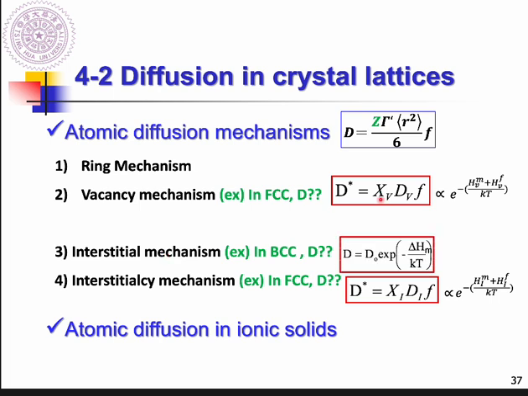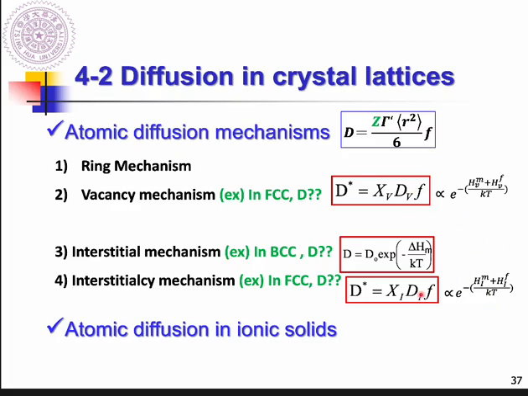Based on this, the energy term is only related to migration enthalpy. So based on this idea, we know that compared with the exponential term, it usually dominates the value for diffusivity. So this D should be higher than the others.